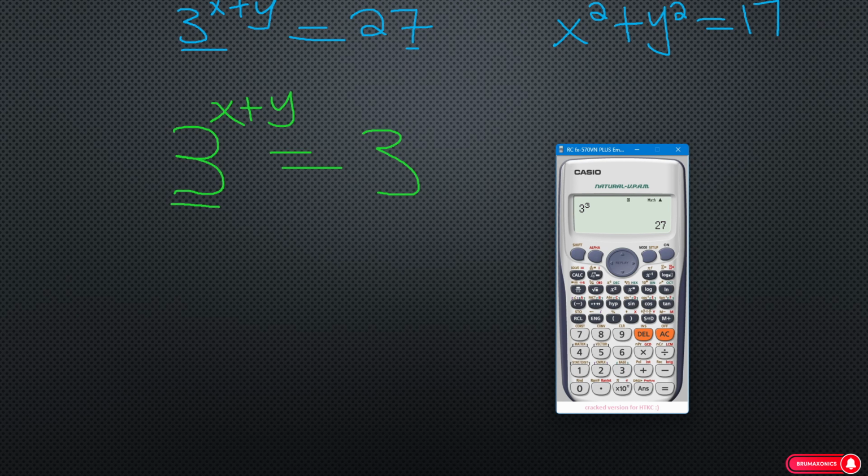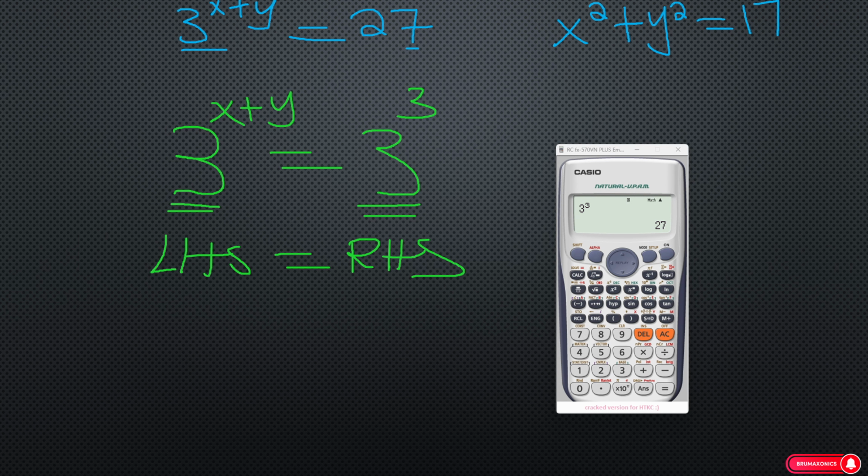So now you can say 3 to the exponent 3. Remember that if the base on the left hand side is equal to the base on the right hand side, you are allowed to say that the exponents are equal to each other, meaning x plus y is equal to 3.